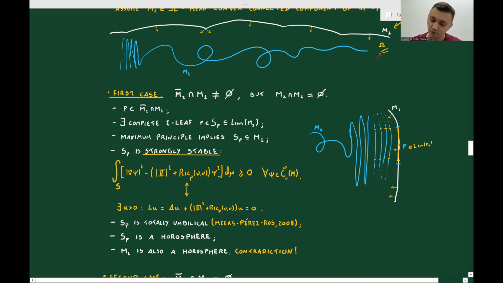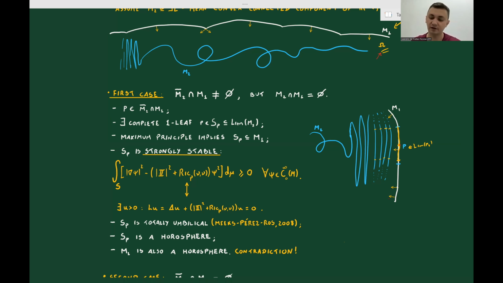So how to prove that? We use that M2 has bounded curvature, and also the ambient space has bounded geometry.